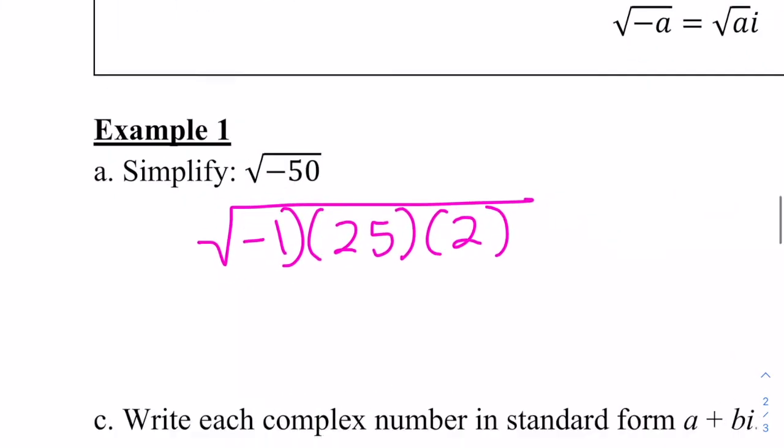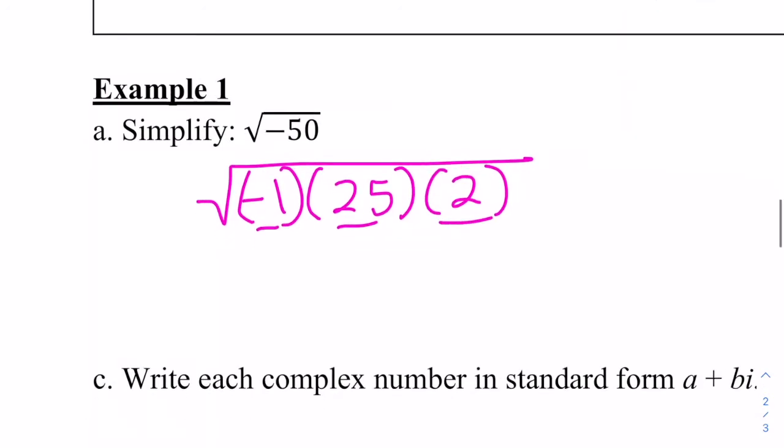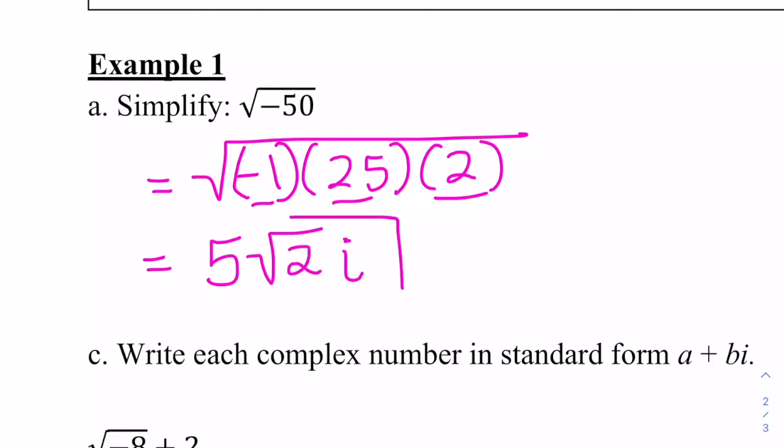So that -1 is going to come out as an i. The 25, well, the square root of 25 is just 5. But the 2 will have to stay inside the radical. So this will equal 5 square root of 2 i. Just make sure you don't include the i under the radical. It needs to be outside the radical.